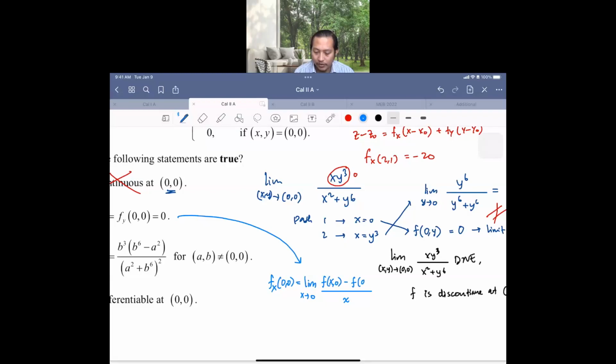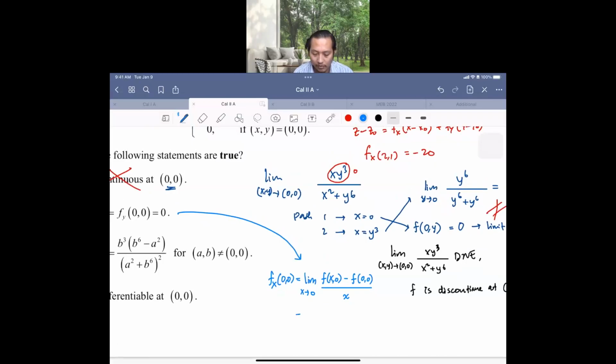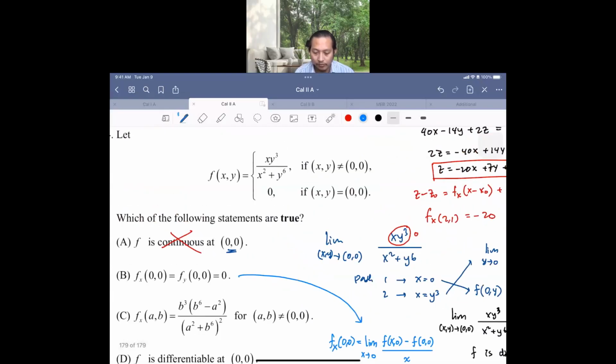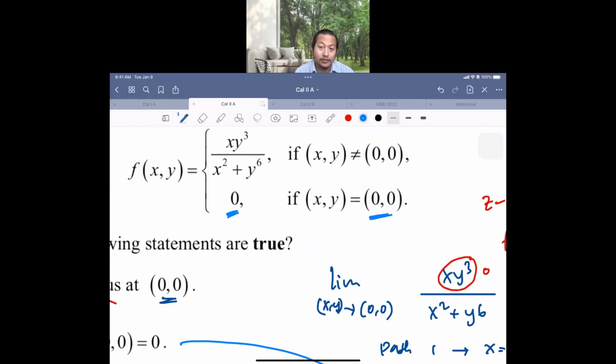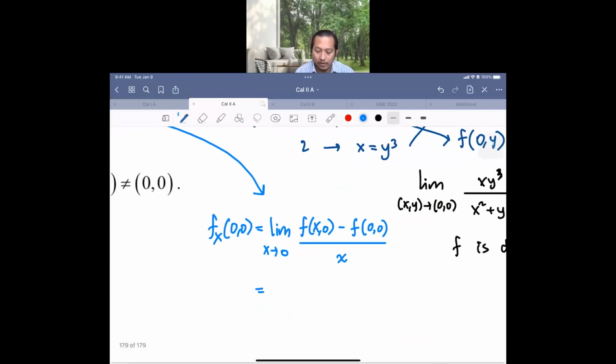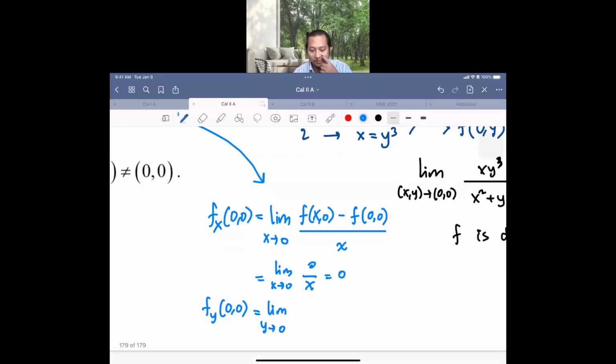Take this definition. So we take x, and y is 0, so it becomes 0. And f(0, 0) is 0, from the piecewise definition. So this will be the limit of 0 over x. It's 0. And partial y, this is going to be y, going to be 0.